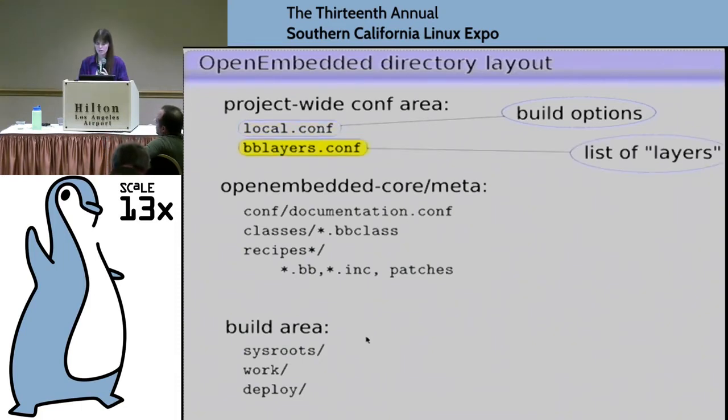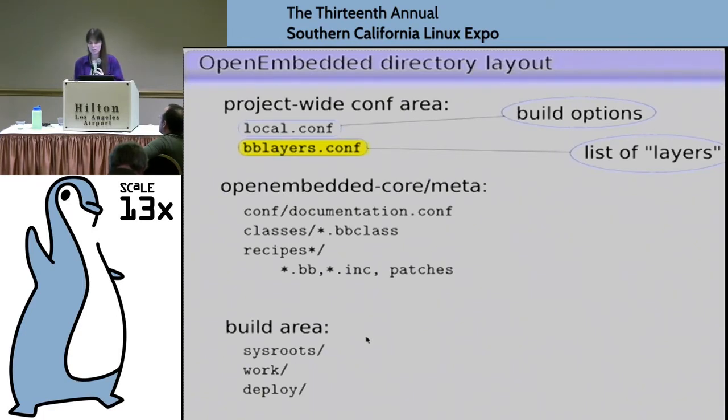And you have your bblayers.conf, which is a list of layers. Now I know that's another case of computer people co-opting words that already have meanings, so maybe I'll take a little time now to explain what they mean by layers. You have a group of packages which is being maintained by some set of people, and it's this collection of packages that are built for the OpenEmbedded system.